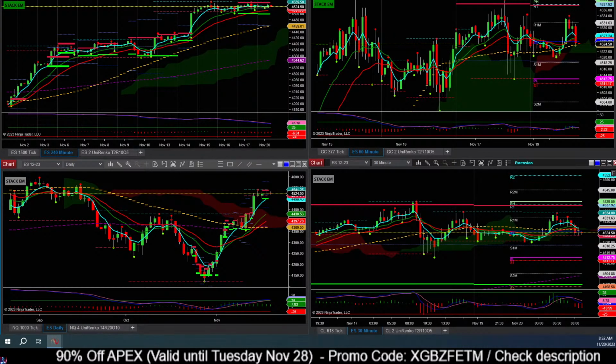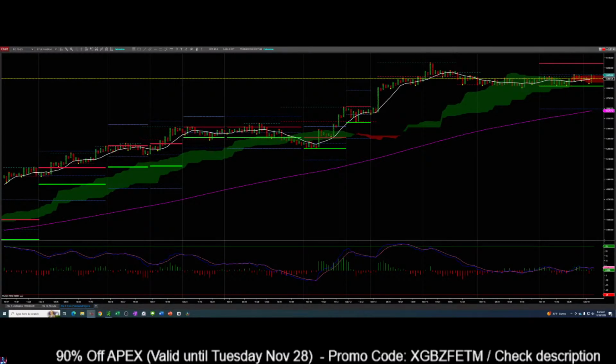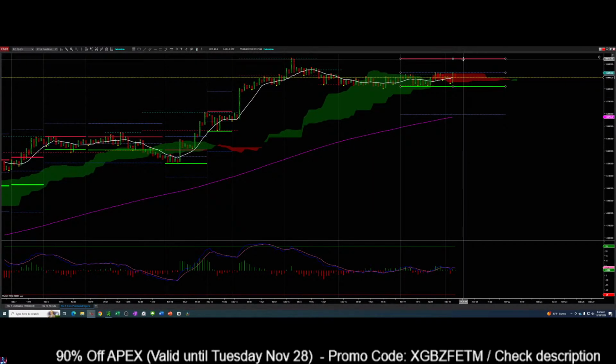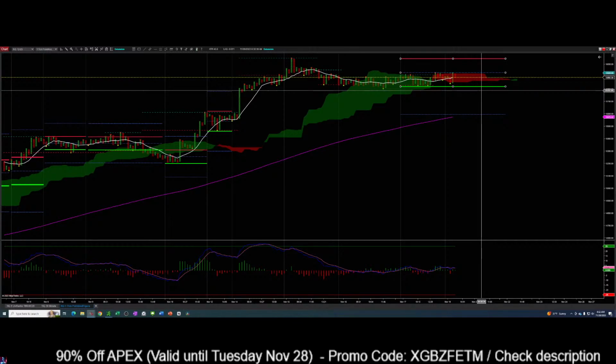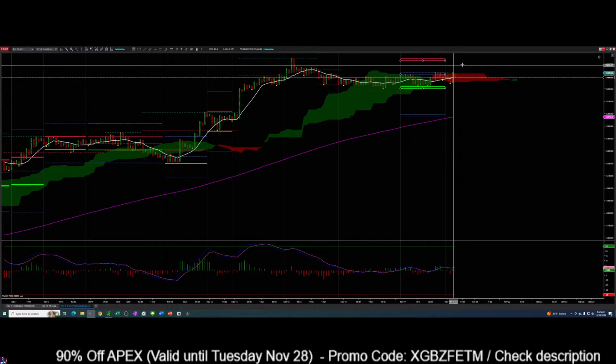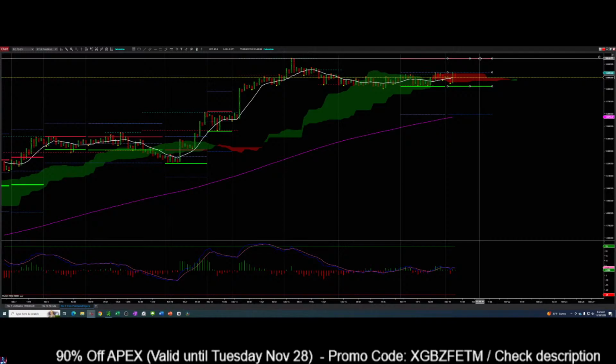Let's go and look at NQ. NQ, I would say, is kind of the same situation. Let me change my monitor here. I'm going to take this one, move it there, and then take this one and do kind of the same thing.